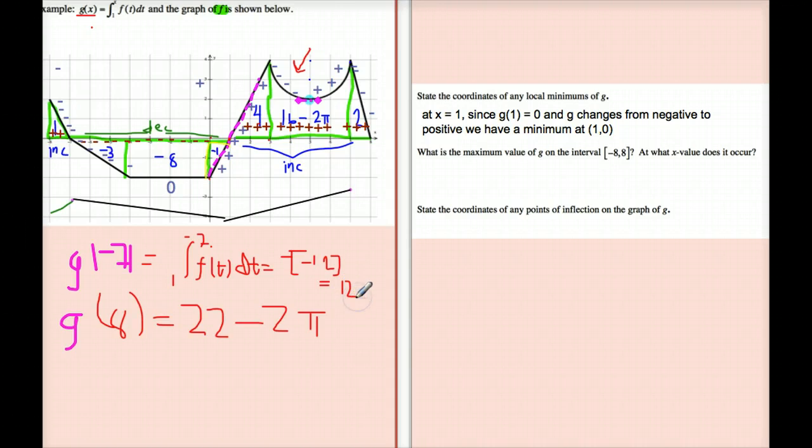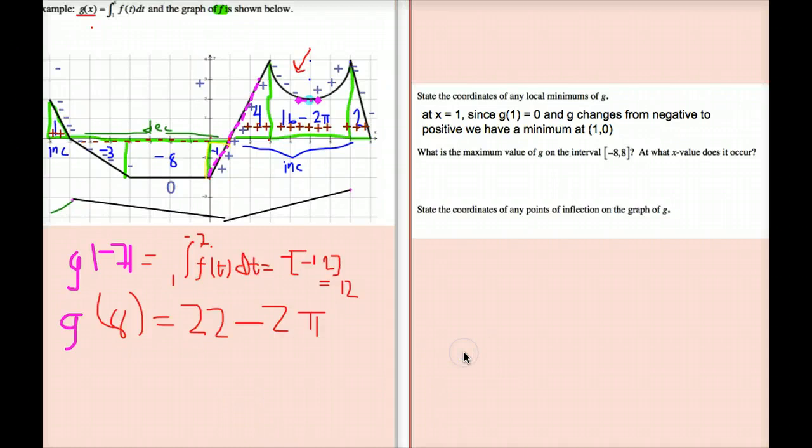Well, so I take a look, which is a bigger value, 12 or 22 minus 2 pi? If we approximate and we know pi is 3.14, 3.14 times 2 is approximately 6. 22 minus 6 is about 16. So which one is the bigger value, g of negative 7 or g of 8?